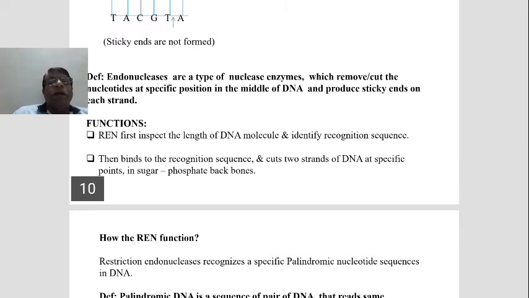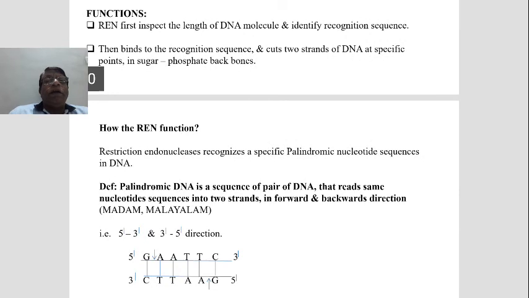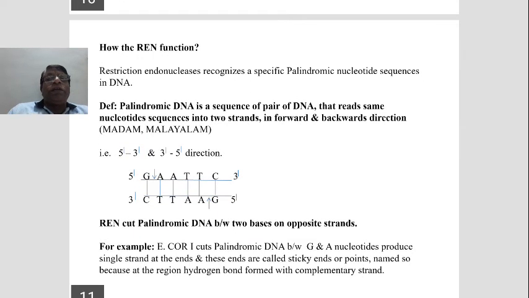Okay. Now how does the restriction endonuclease function? Now we shall see. Restriction endonuclease recognizes specific palindromic DNA. Then it cuts the DNA molecule. Palindromic DNA. What is palindromic DNA?